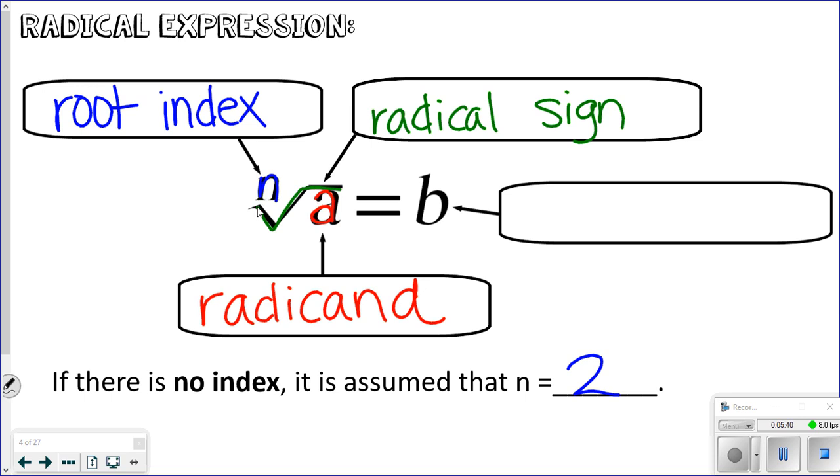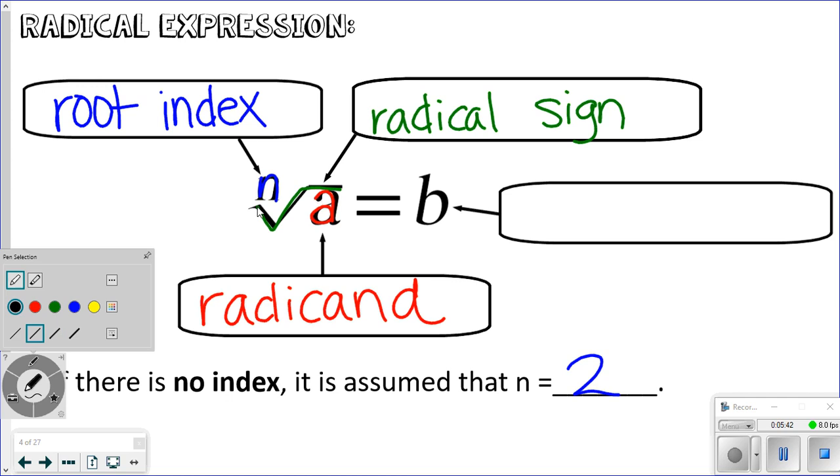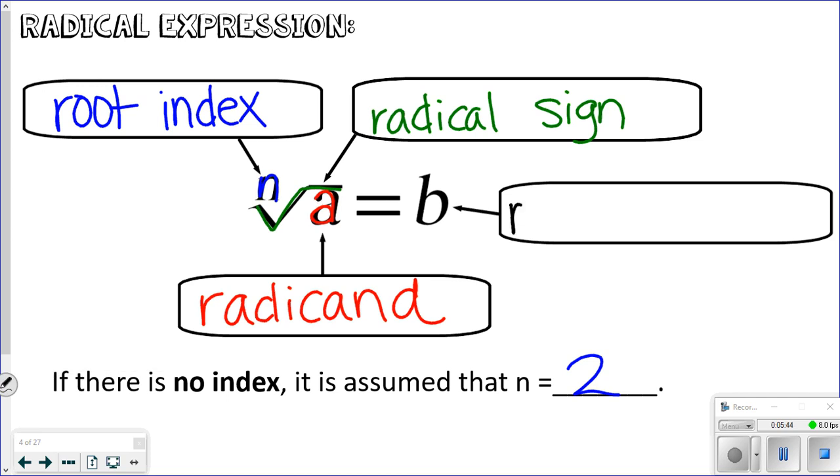And B, whatever our answer is, that is the nth root of A, which is our radicand. So sometimes we might have the square root, which is a 2, and it's not always written there. And then we have a cubed root, a fourth root, etc. So B would be the nth root of A, and A is the radicand.